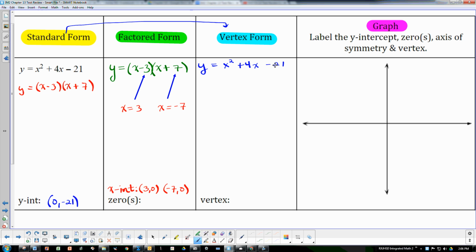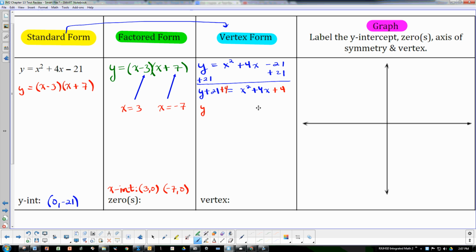So I'm going to move this negative 21. So I'm going to add 21 to each side. I have y plus 21 is equal to x squared plus 4x. Now you have to kind of ask yourself, what am I going to add here so this is a perfect square trinomial? Well, we're going to add half of 4 squared, which is going to be 4. And I need to add 4 onto this side.